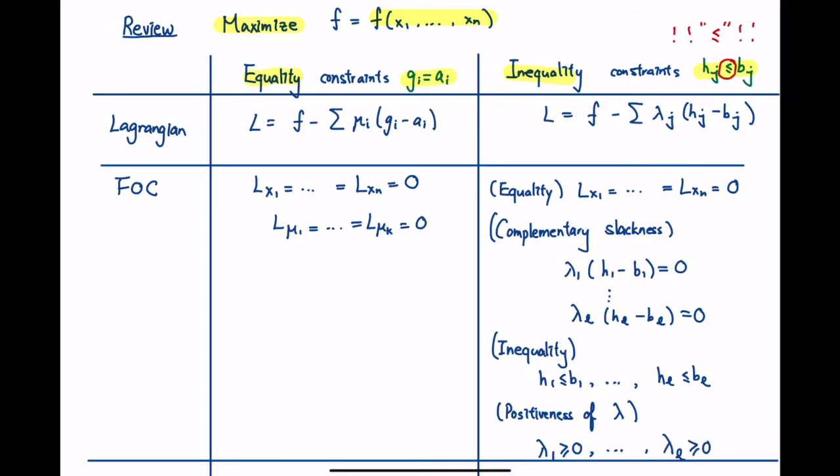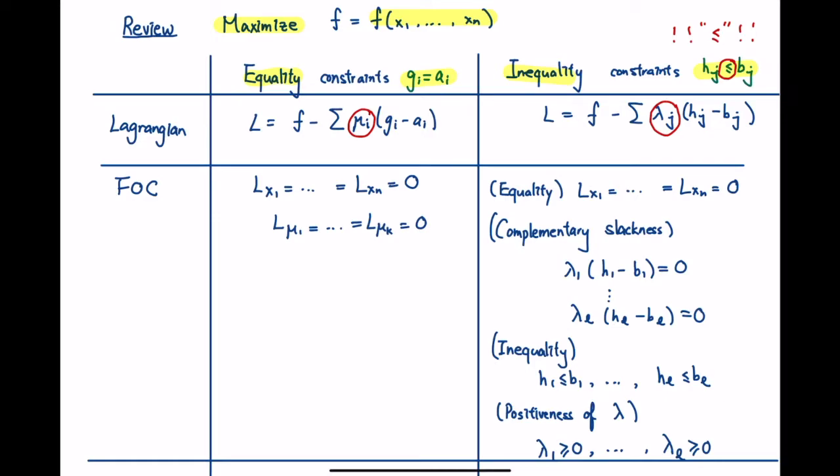And then how do we deal with this constraint problem? The first thing we need to do is to write down the Lagrangian function. By convention, for equality constraints, the Lagrange multipliers involved, we will use mu_i to denote them, whereas for inequality constraints, we use lambda_j to denote the Lagrange multiplier.